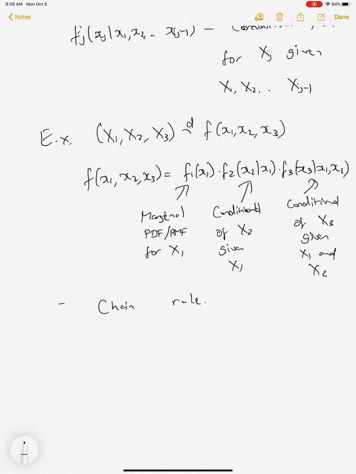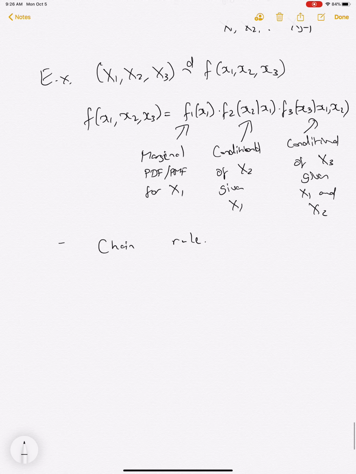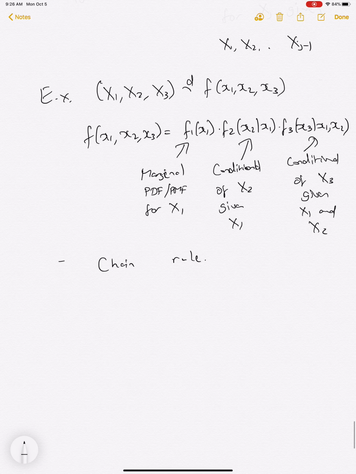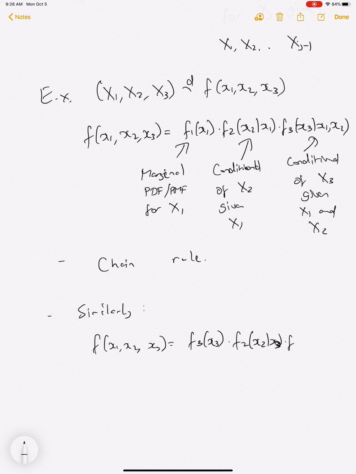I should also point out that similarly, f of x1, x2, x3 you could do in reverse if you wanted to. Both of these statements are true and you would get exactly the same answer. You've probably seen this done with 2 variables before, so we're extending this to 3 variables here.